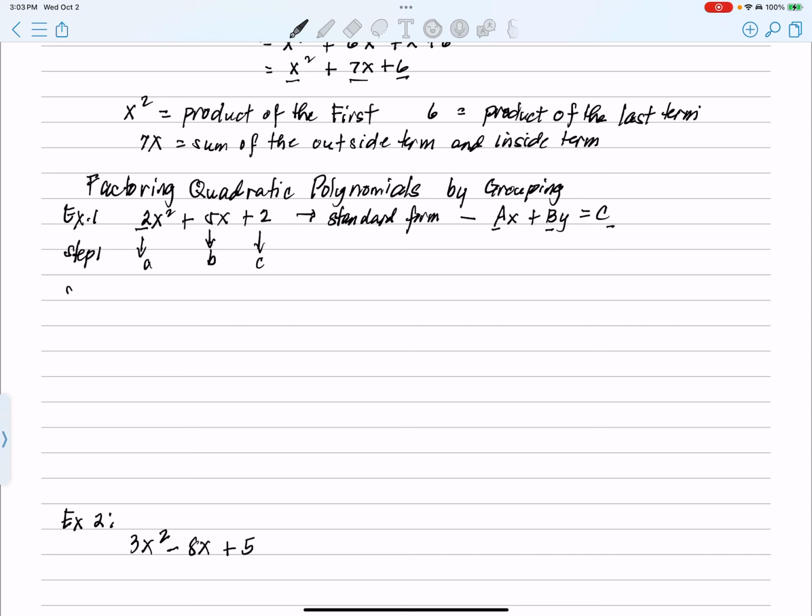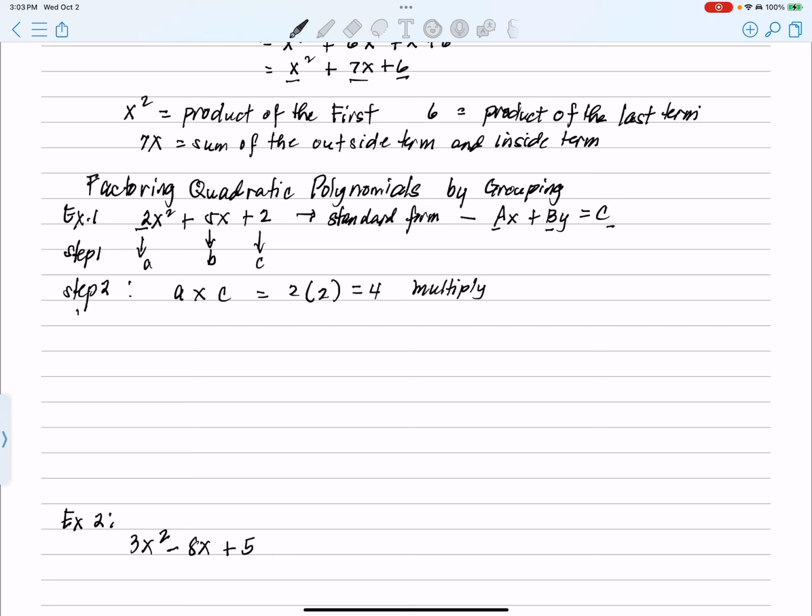So in step 2, we multiply the a and the c. Our a is 2, our c is 2. That is 4. Alright? So we multiply the a and c.